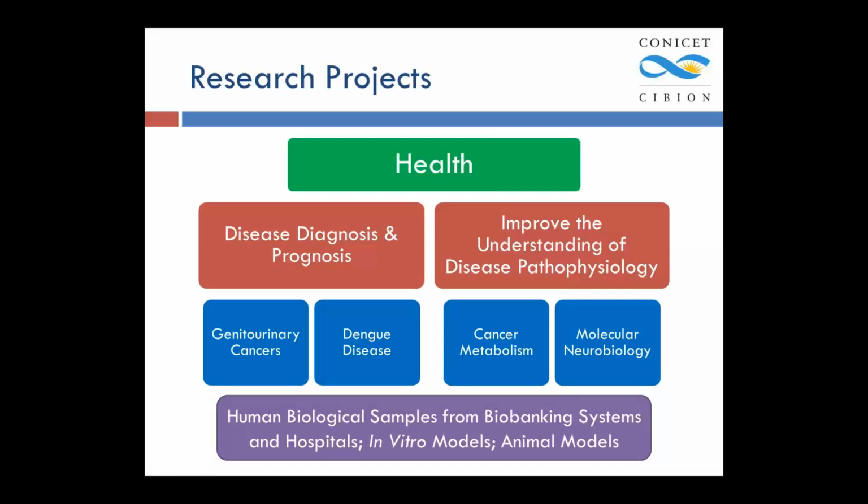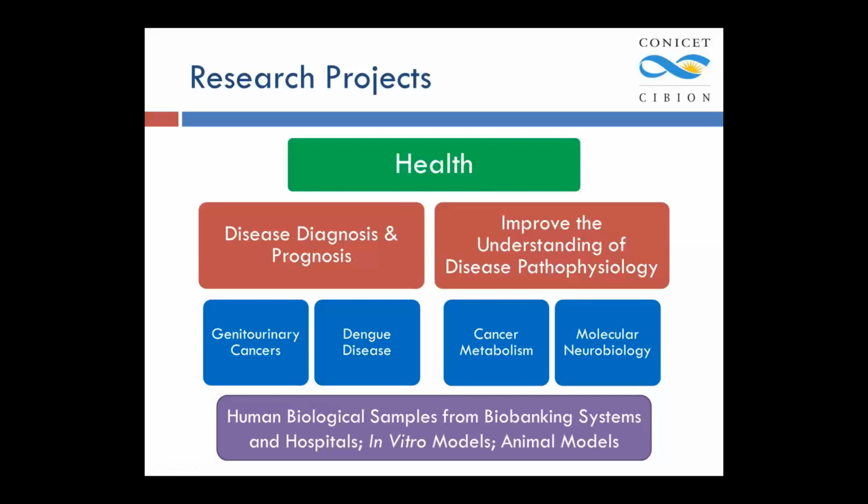And with these two pillars, we have conducted several studies focused on the investigation of genitourinary cancers. We also have a project currently starting on dengue disease, and several collaborations focused on the improvement of understanding of cancer metabolism and molecular neurobiology.